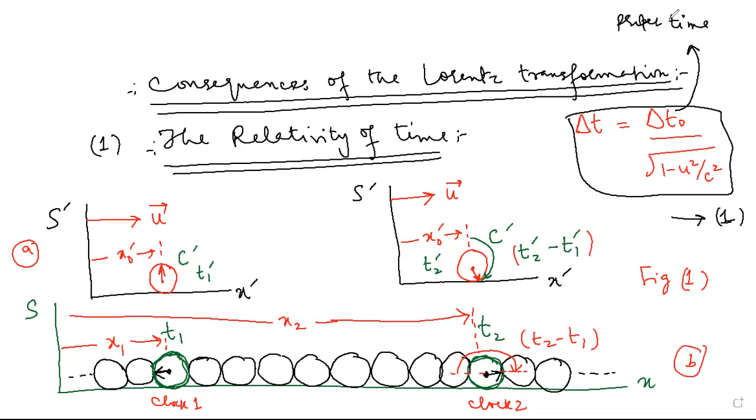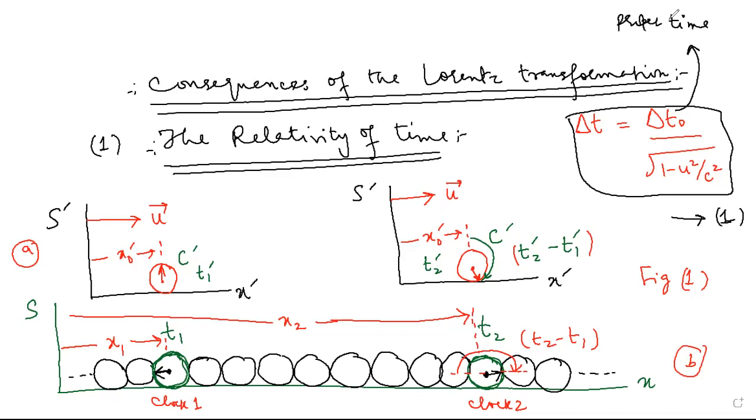The proper time interval between the events, as we have already discussed, is the smallest interval between them that any observer can measure. Now, all observers in motion relative to the clock measure longer intervals. Delta t is longer than delta t naught, right? And this effect is called time dilation.